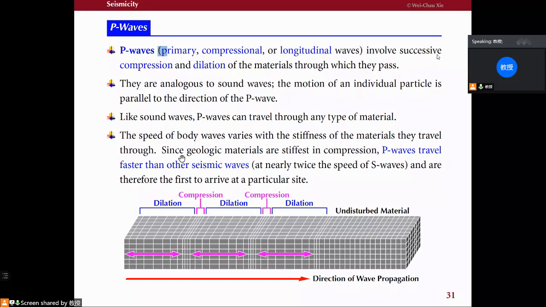Since geological materials are stiffest in compression, P waves travel faster than other seismic waves, at nearly twice the speed of S waves, and are therefore the first to arrive at a particular site. Okay, so remember, the P wave travels the fastest, and its speed is about twice that of the S waves.